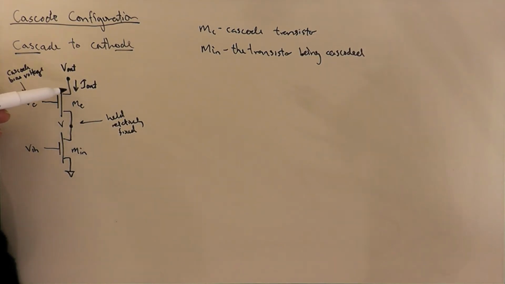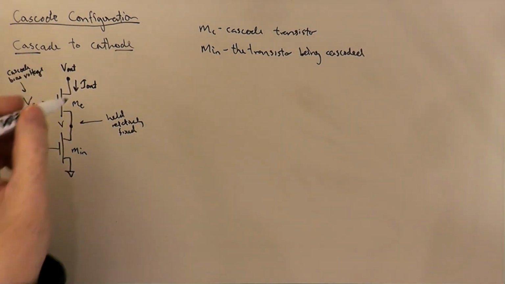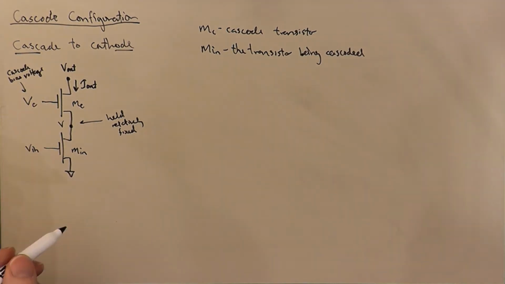We want to see what effect the presence of this extra transistor, the cascode transistor, has on the incremental output resistance of this configuration relative to a single transistor, and also what effect it has on the transconductance gain of the circuit. In other words, if we were to change Vin by some delta Vin, how would delta I out to delta Vin change relative to what we would see for a single transistor?